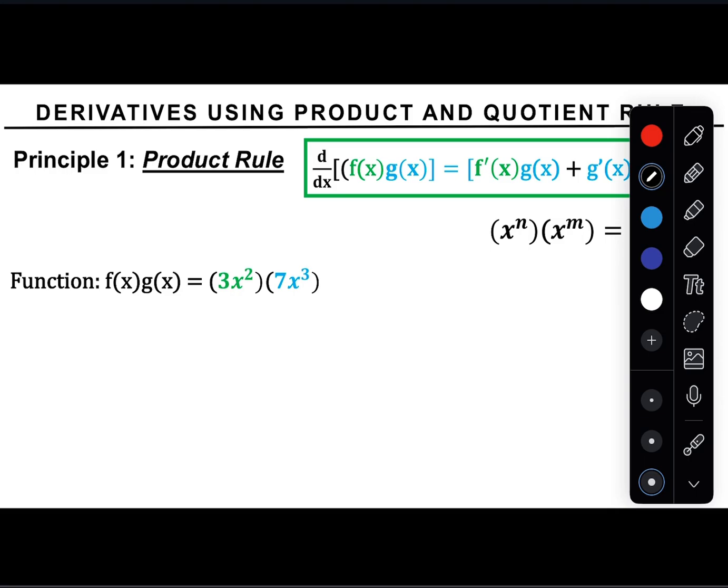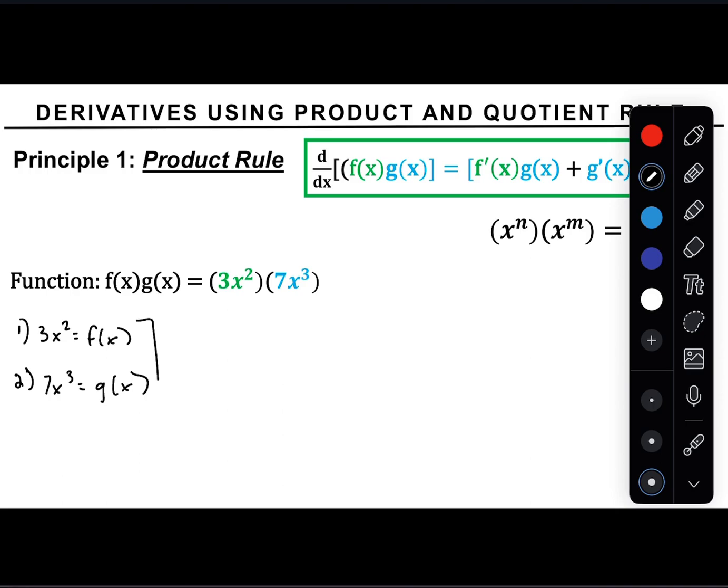Starting with our first one, we want to identify what's our f and what's our g. 3x squared will equal our f of x, and 7x cubed is going to equal our g of x.